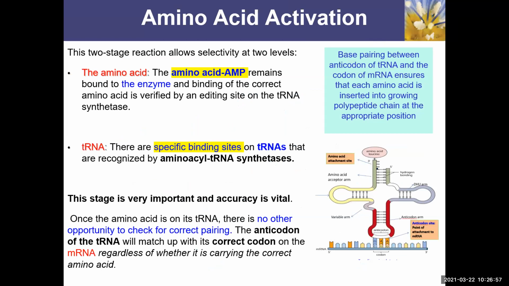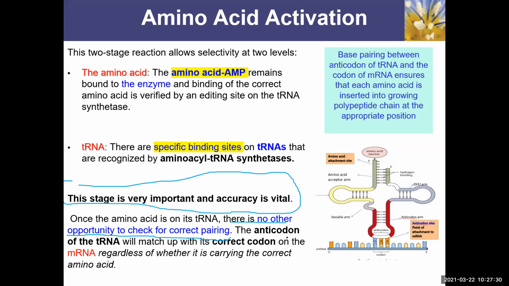So this is the activation of the amino acid. And if you remember, I told you that this activation is very, very important. I told you earlier, this stage is very important, and the accuracy is very important, because it will create a mutation if the right amino acid does not bind to the tRNA. After this, there will be no other opportunity for anyone to check whether we have the right amino acid here or not.